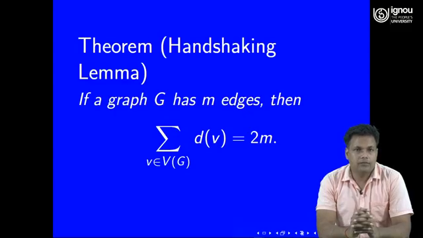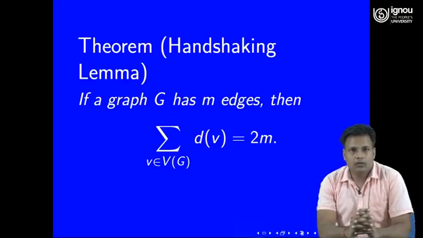So if G is a graph with m edges, then this result says that the sum of the degrees of all the vertices of G equals twice the number of edges. That is, the sum of d(v), where v is a vertex, becomes 2m.